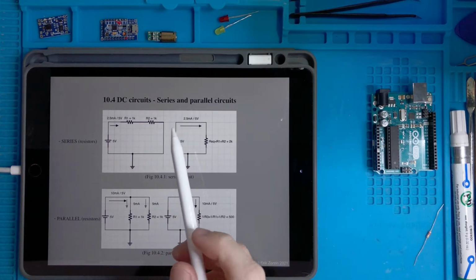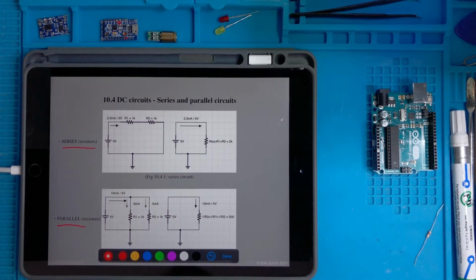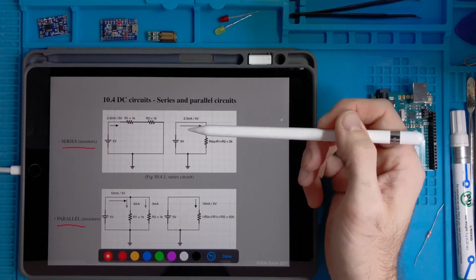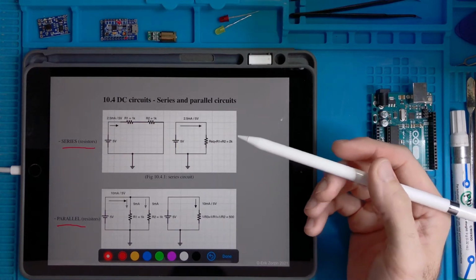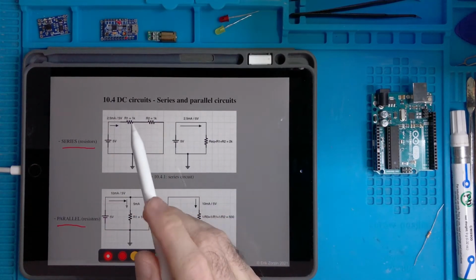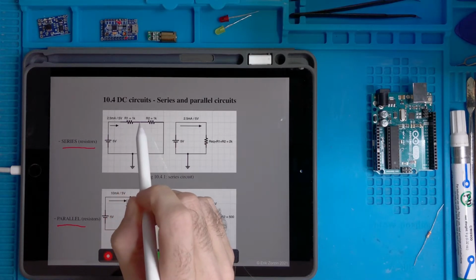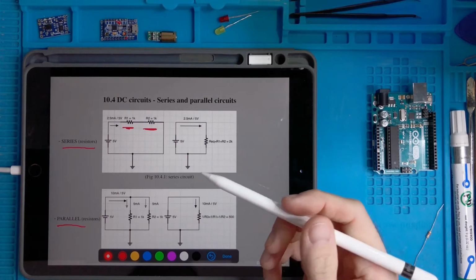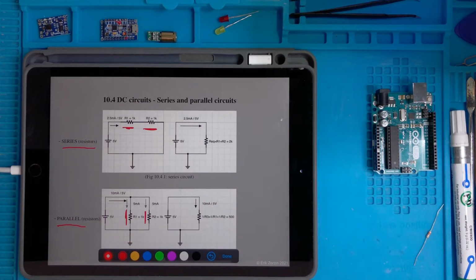They are called the series circuit and the parallel circuit. Again we are doing things in a very simple way, only with resistors for the moment. By series it means that the components come one after the other, like those two, and by parallel we mean that they are arranged in a parallel fashion like this.